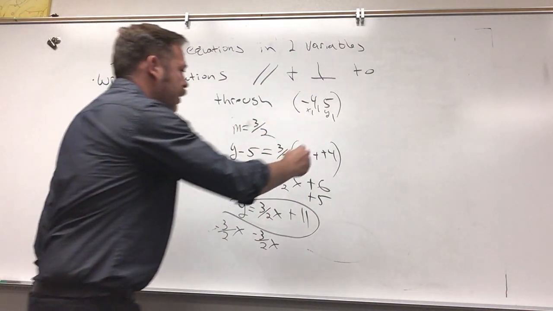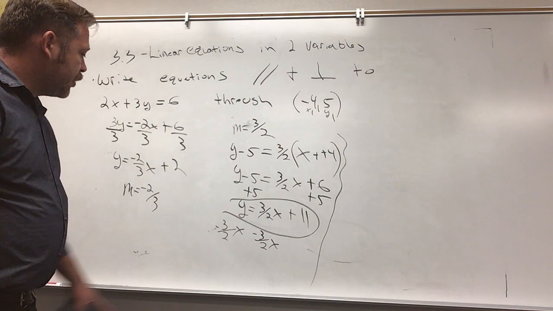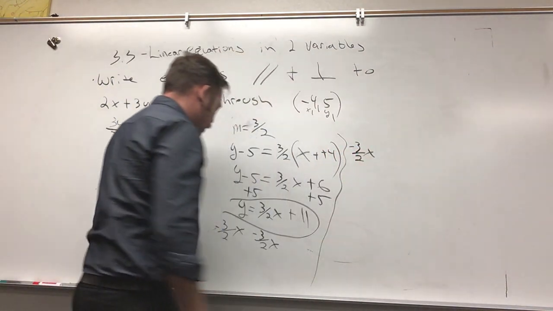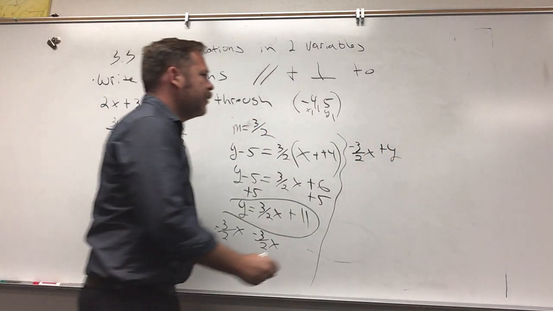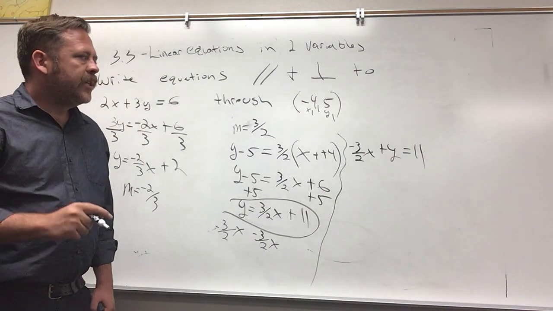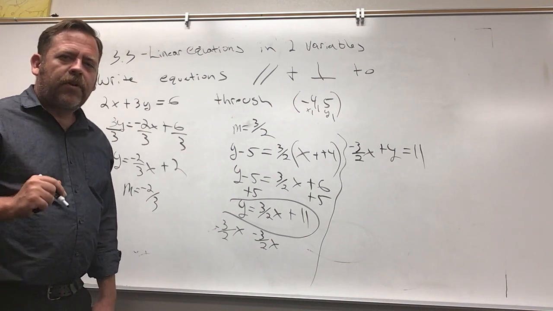Now continue over here. Okay, I'm going to move my new equation so I have negative 3/2 x plus y equals 11. All right. Now, I just need to get rid of that fraction and I need to make the x term positive. What should I multiply to do both of those?